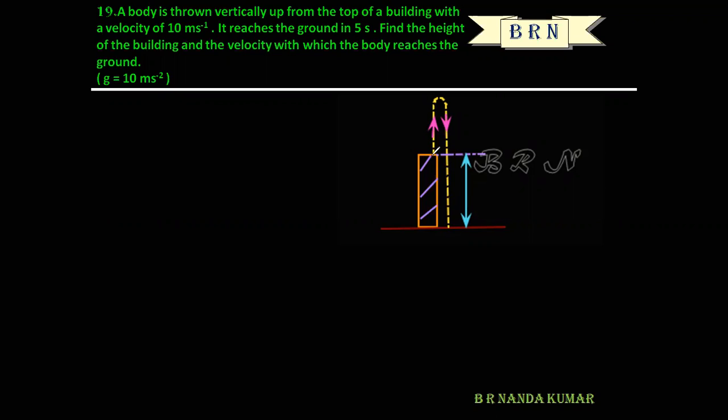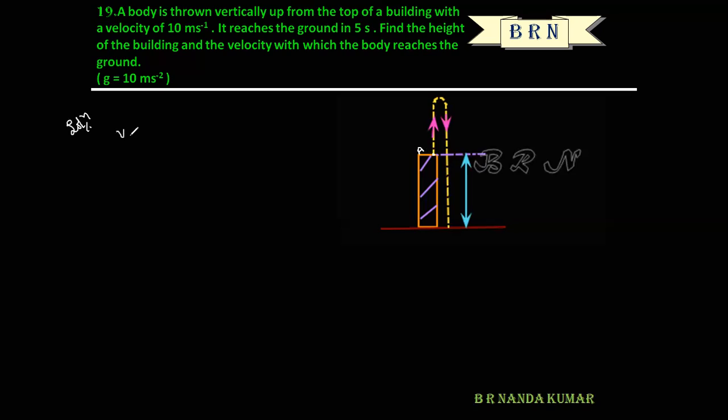So let us consider this location as A. So A is here, the initial position of the body. The body is thrown vertically up with a velocity of 10 meter per second, that is the initial velocity.